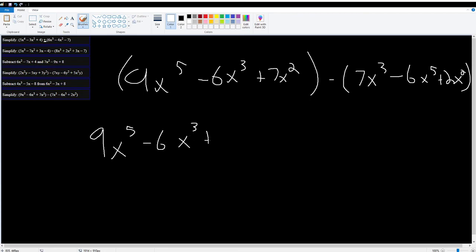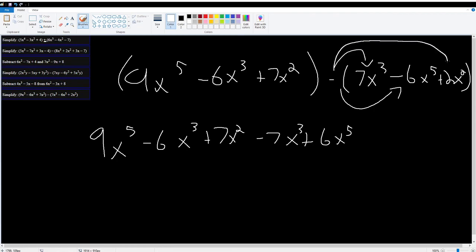Negative 6x cubed plus 7x squared, right? Distribute this guy, I get negative 7x cubed. Distribute, I get positive 6x to the 5th. Distribute, I get negative 2x squared. Okay. Once again, look at the highest exponents.